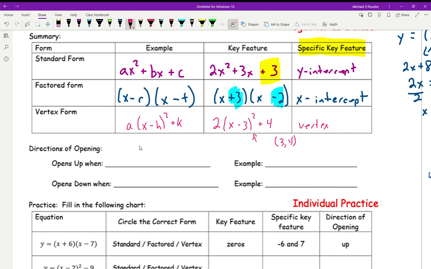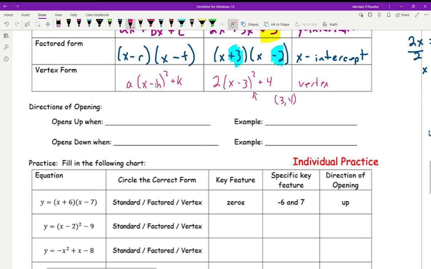So I'll take you through the first couple of questions here. Let's review this. Direction of opening: it opens up when the A is positive. So for example, let's go 2x squared plus 3x plus 1.